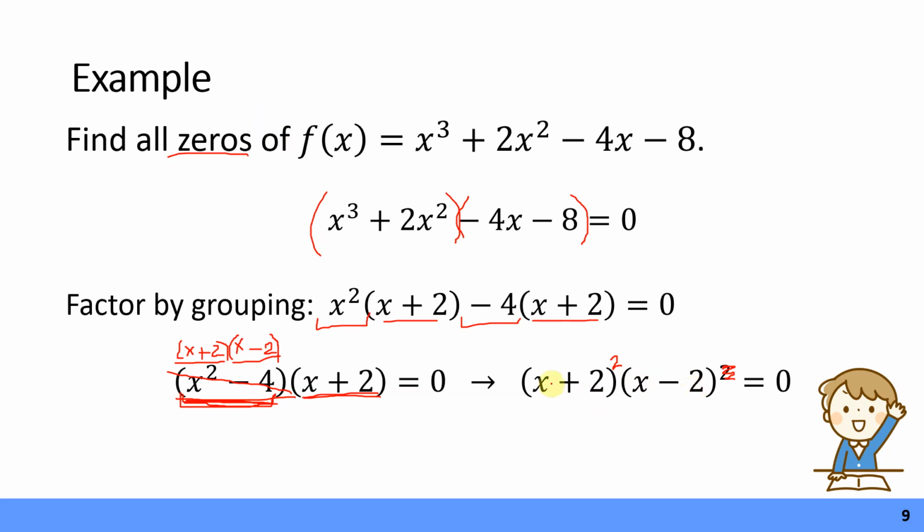In order to find the zeros, now I just have to get each one of these 2 and set it equal to 0. So if I grab this and I set it equal to 0, I move the 2 to the other side, giving me -2. And then I grab this parenthesis, set it equal to 0. I throw the 2 to the other side, giving me the +2. All right, so that's how you would find your zeros.